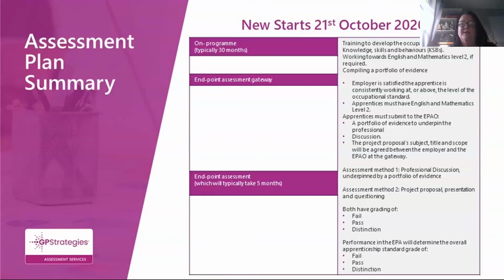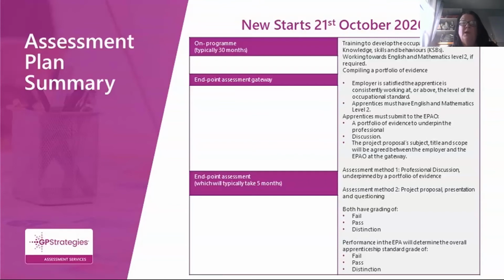As we know, it's all about training to develop the occupational standards. It's all around the knowledge, skills and behaviours, whilst on programme working towards the English and maths. Also on programme, as this new assessment plan states, there is the portfolio of evidence to pull together.